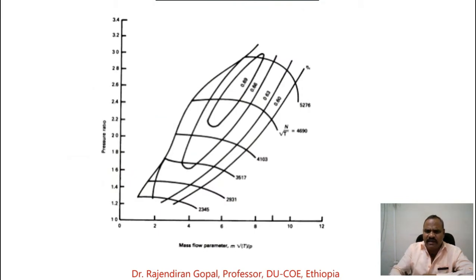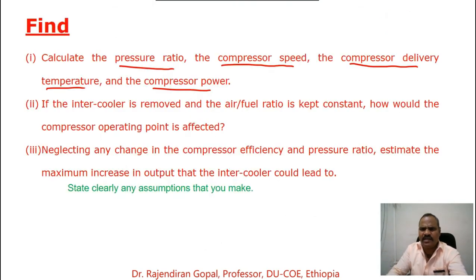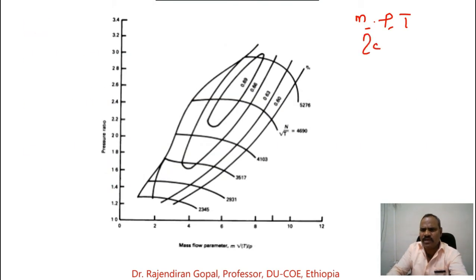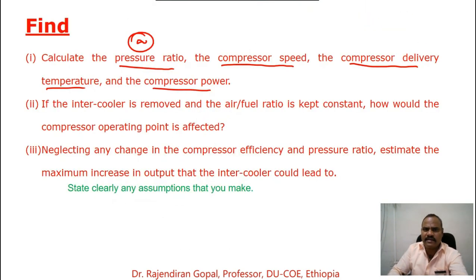So, they have given a compressor performance characteristic map, the mass flow rate and the inlet pressure and inlet temperature to the compressor. Then they have given the isentropic efficiency of the compressor, the gamma value and the Cp value. Now they are asking: A, pressure ratio; B, compressor speed; C, delivery temperature; D, compressor power.